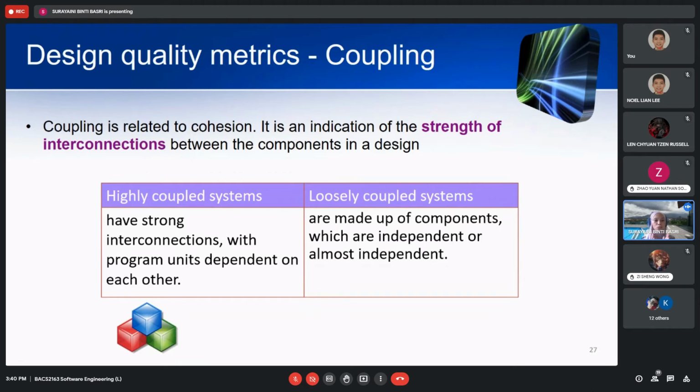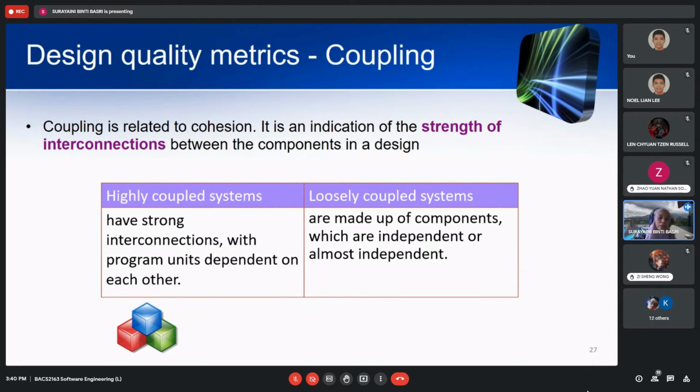The good design is to implement the loosely coupled system, because whenever you change something, you don't need to bother about another part of the system. You only need to focus on that individual subsystem, module or function. So the conclusion is, for the coupling metric, you need to have a loosely coupled system.